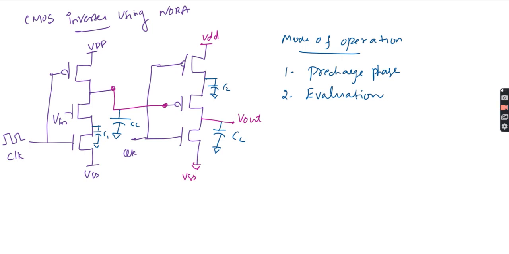We need to know when it will be precharge and when it will be evaluation. Precharge means the load capacitance has to be precharged, and during that time, even if the input is changing, it won't evaluate. The circuit is evaluated during the evaluation phase. The precharge phase is when the clock is equal to 0. When the clock is equal to 1, it is in the evaluation phase.